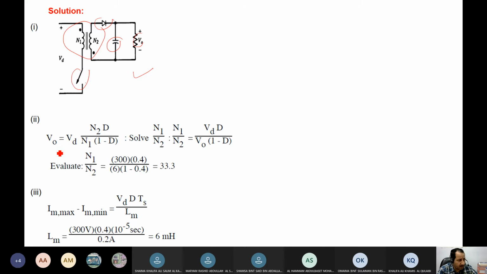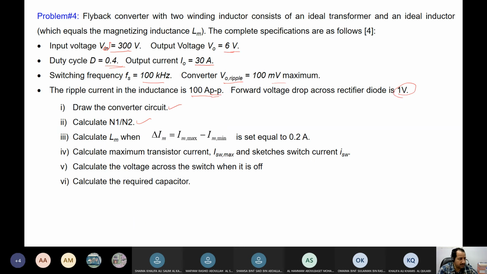For the turn ratio, I have this formula which says output equal input voltage, turn ratio, D over 1 minus D. D is given in the question. V input, output is given in the question. Then I calculate turn ratio, which is found to be 33.3. Let me go back to see here. These two parts are already plotted and calculated.